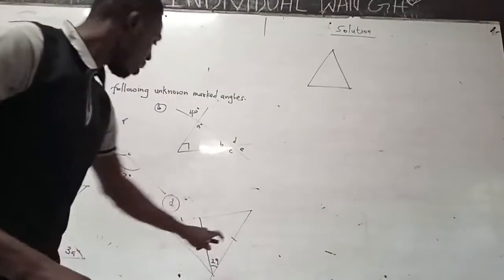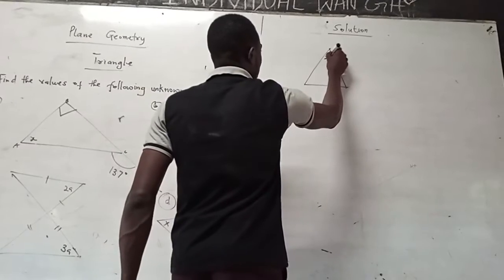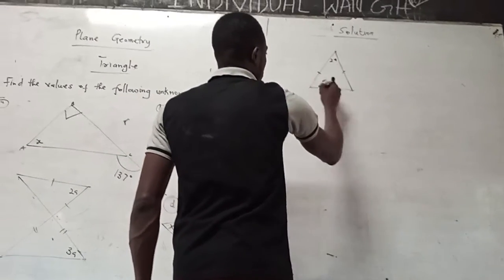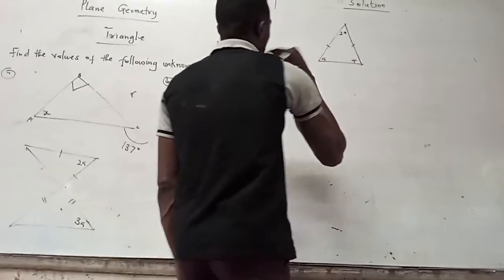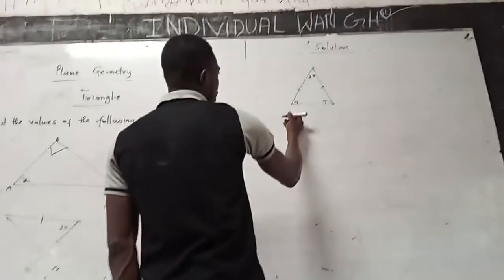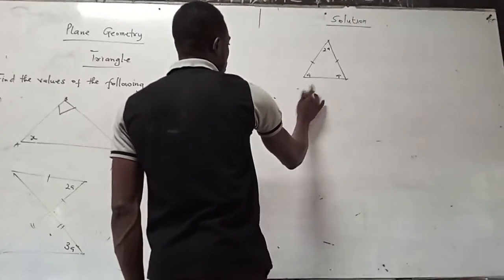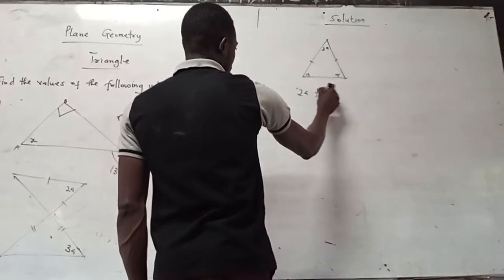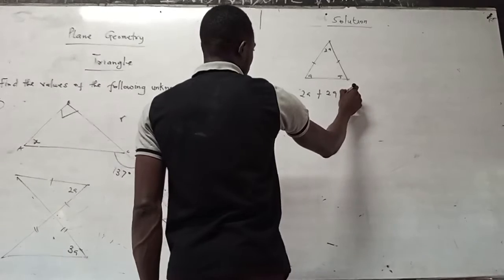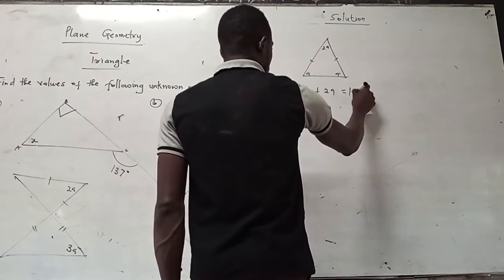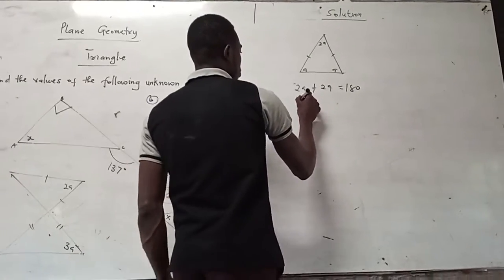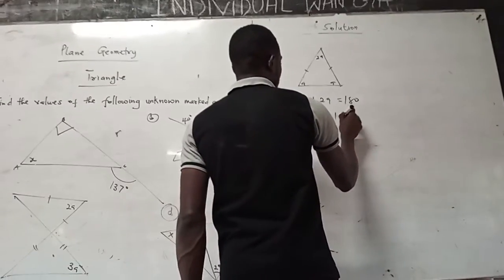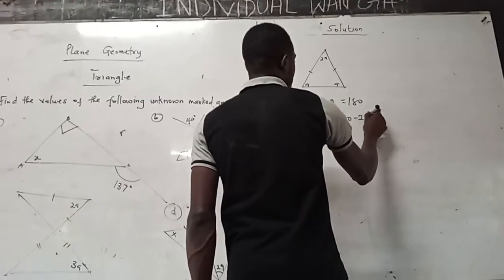this one that we are having the 29 here, isosceles means that we can represent this one by A and A. Means that if you want to find A, is 2A plus 29 is equal to 180. Definitely, when you group, means that 180 minus 29.